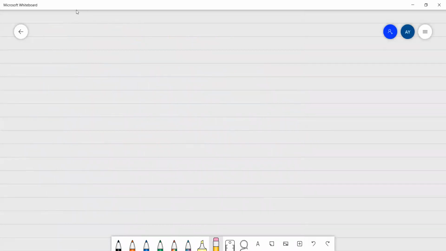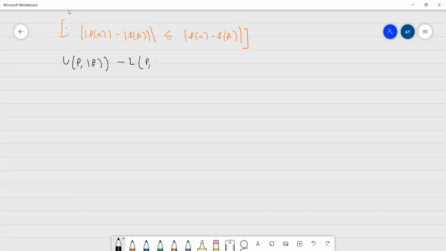So M_r' and m_r'. From that mod condition, we have: mod f of alpha minus mod f of beta is less than or equal to mod f of alpha minus f of beta. So from this, we can define U(P, mod f) minus L(P, mod f).